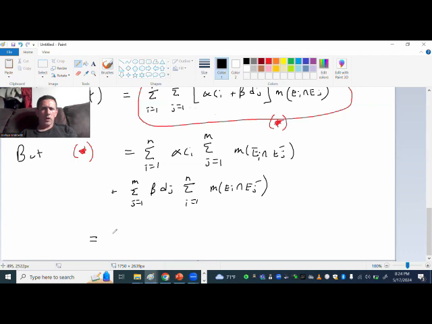So this is going to be equal to, first of all, let me pull out the alpha. So this is E_i, beta, the sum j equals 1 to m, d_j, measure of E_j prime.